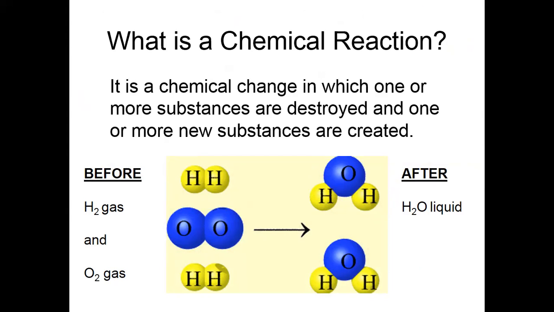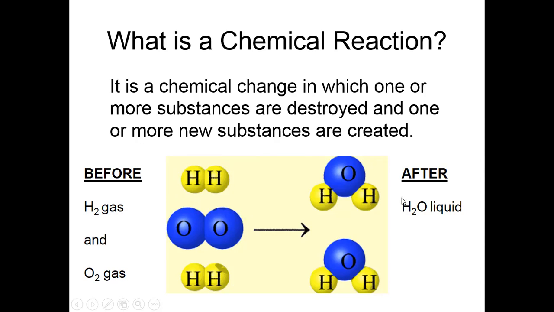It is a chemical change in which one or more substances are destroyed and one or more new substances are created. This is before. Look at the types of atoms: H2 gas, which is the hydrogen gas, and O2 gas, oxygen gas.